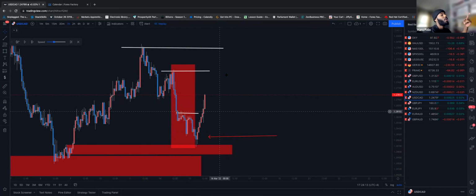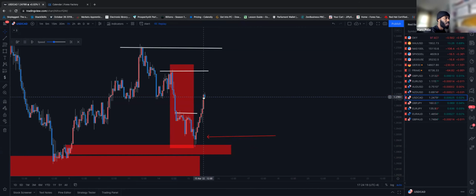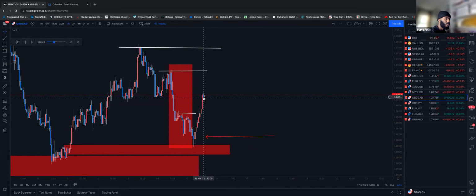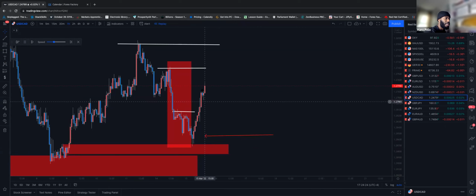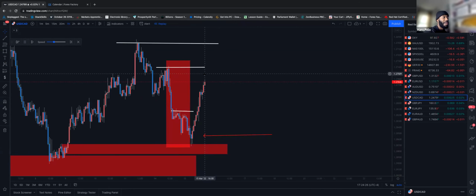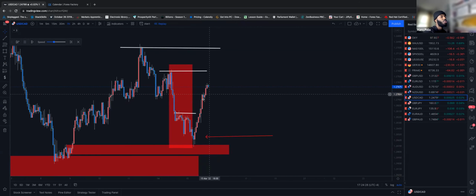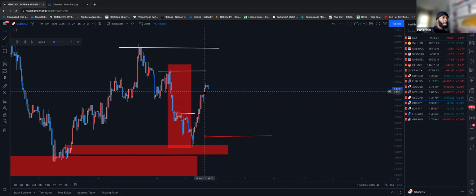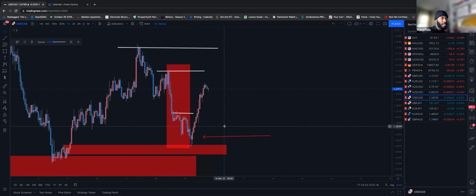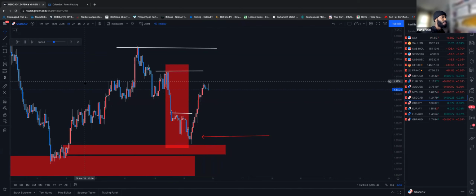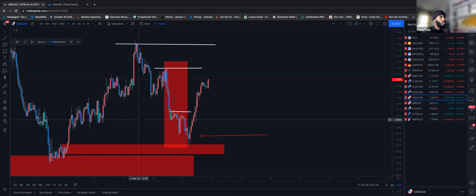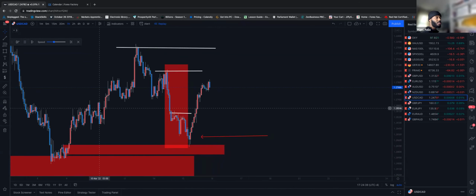As they carry on towards the next targeted areas. So if we see price do this, higher high, right? And then they start to buy up, then there's potential for us to hold on to the trade. But if price pulls back, guess what? Then you have no business being in that trade still.